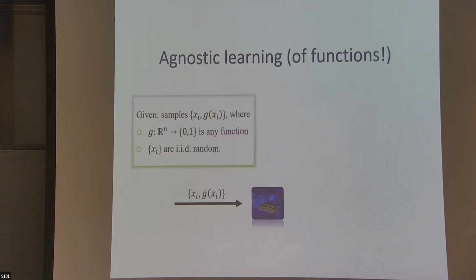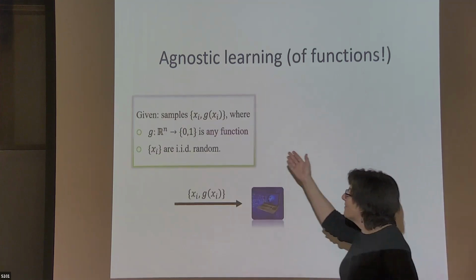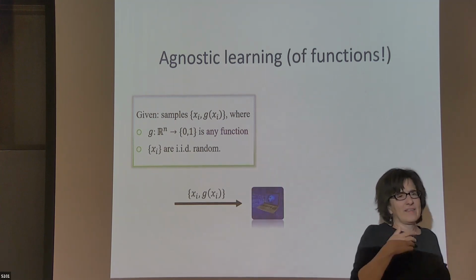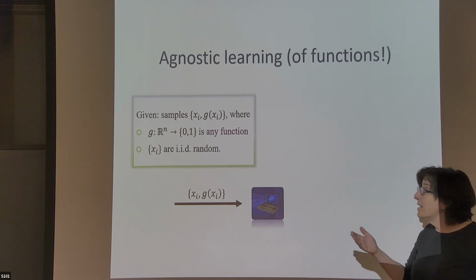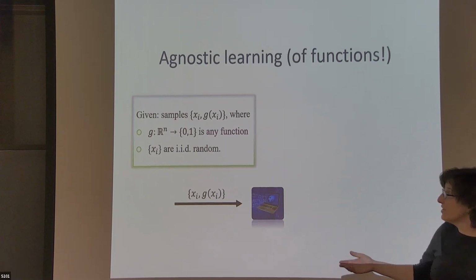You're learning a function. Now, what does a learning algorithm do? You get labeled samples, xi, f of xi, where f is assumed to be from some class, like maybe monotone functions or convex functions or whatever you want to pick. And then you're supposed to output some approximation to the function that labeled those samples. In agnostic learning, you're given samples of some arbitrary function, g.